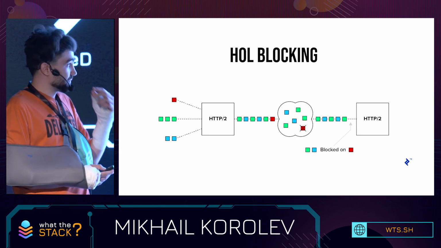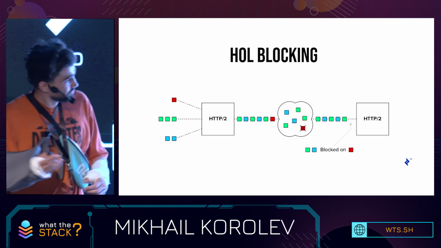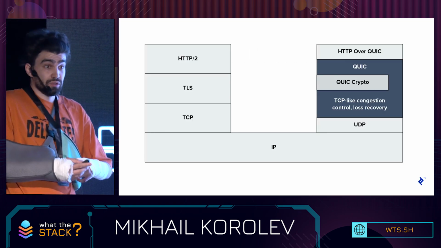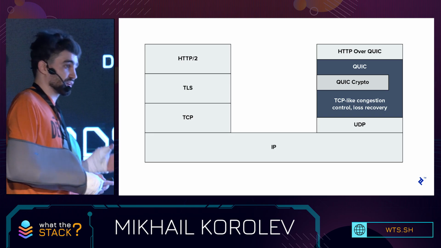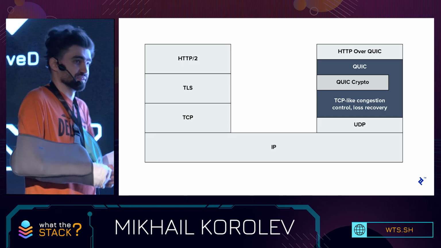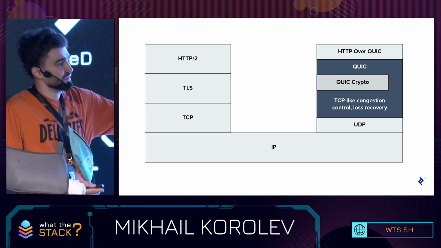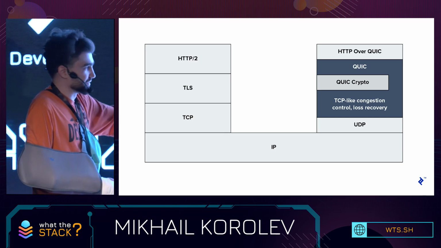And in the future, there is something that used to be called QUIC, which was developed by Google, and now it's HTTP/3. This is built directly on UDP, and it does not have the same limitations as TCP.